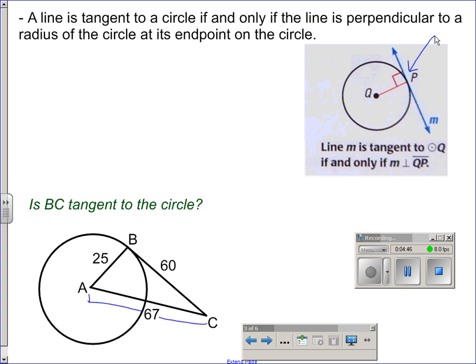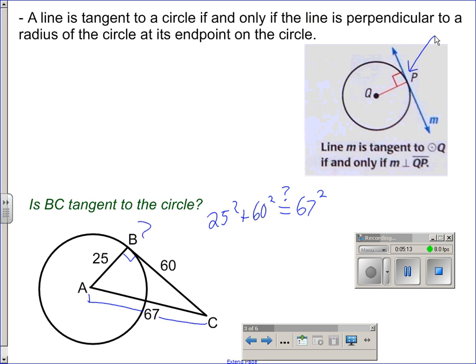The question is, is BC a tangent? So if BC is tangent, then this should be a right angle. So how do you check to see if it's a right angle? That's Pythagorean Theorem. Legs squared plus legs squared should equal hypotenuse squared. So I'm putting a question mark there because that's what we're trying to figure out.